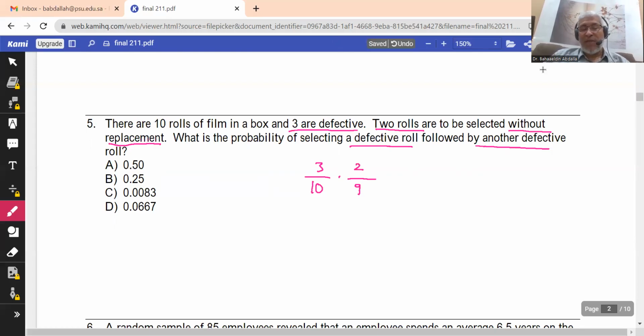So this is in fact a conditional probability. So you can say that this is the probability of defective times probability of defective given defective, if you like. So the probability is 6 over 90, or when you put it in the calculator, it's equal to 0.0667. So that's the answer.